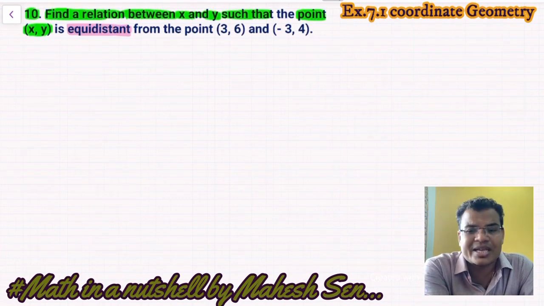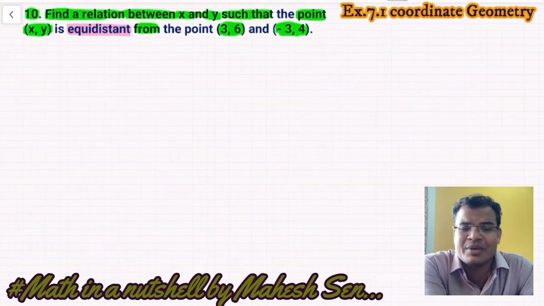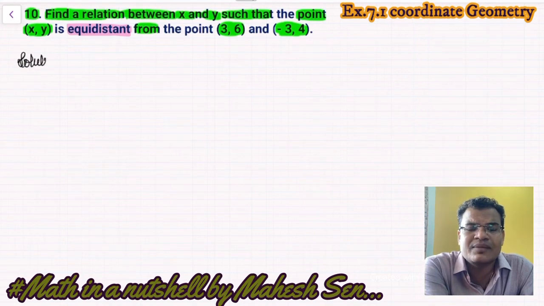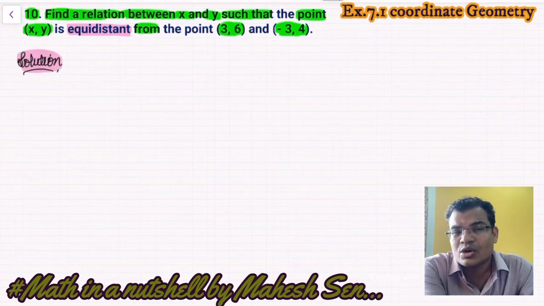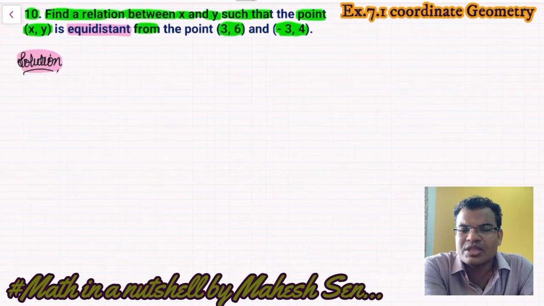We can take them as A and B, or P and Q. It depends on you, but you have to apply the concept of equidistance, that is equal distance. So the distance formula is needed for question number 10.